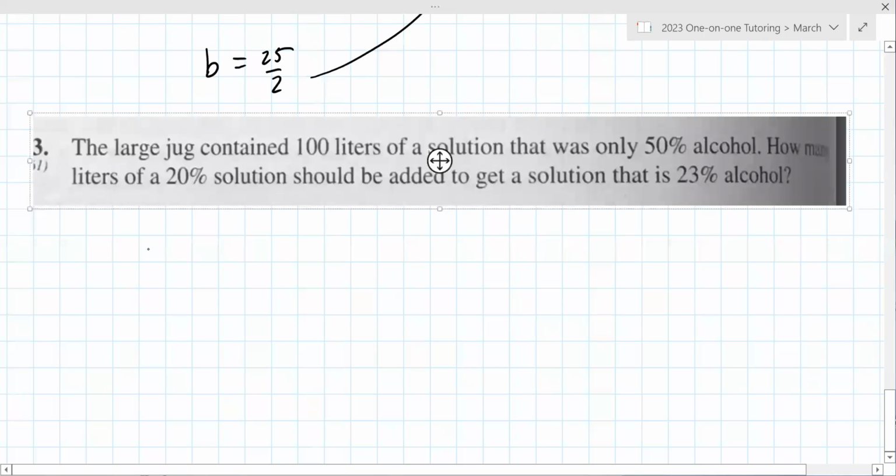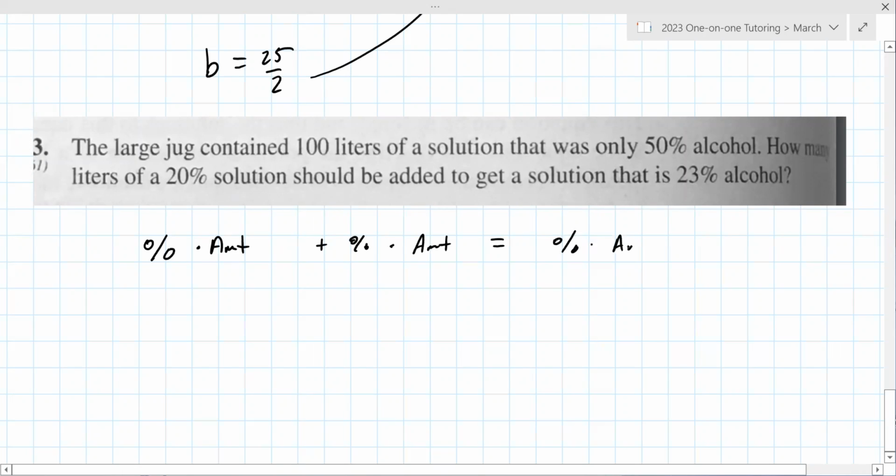The overarching equation here is percent times amount plus percent times amount equals percent times amount. So it's 0.5 times 100, plus we don't know how much we're adding, so we'll call that x, equals our goal, 23%. The amount is x plus 100.